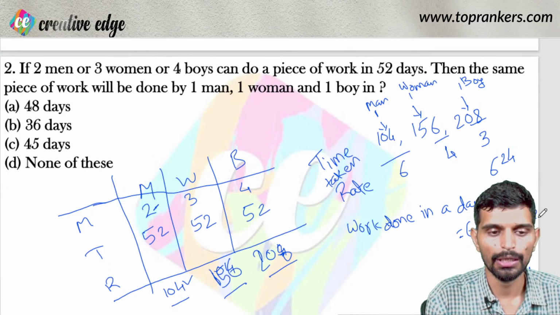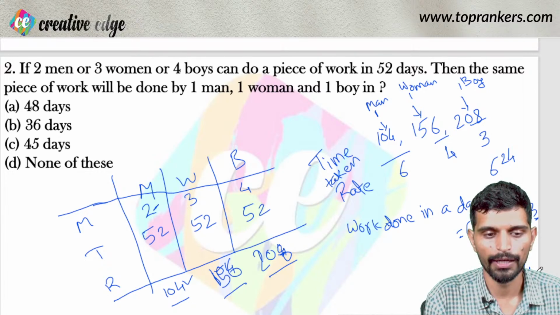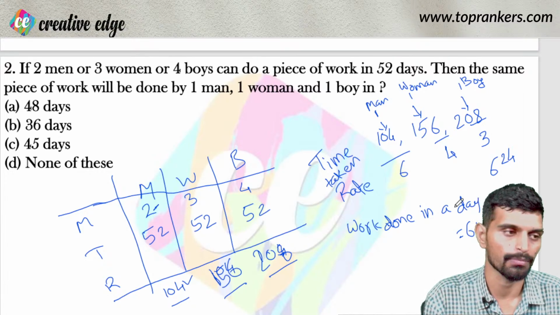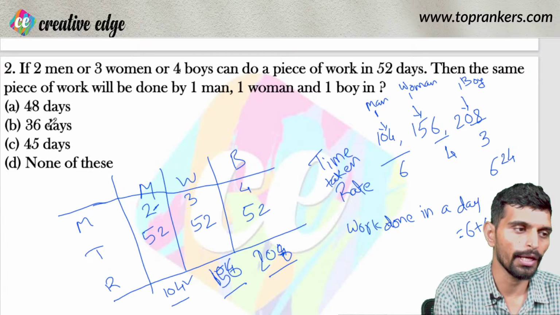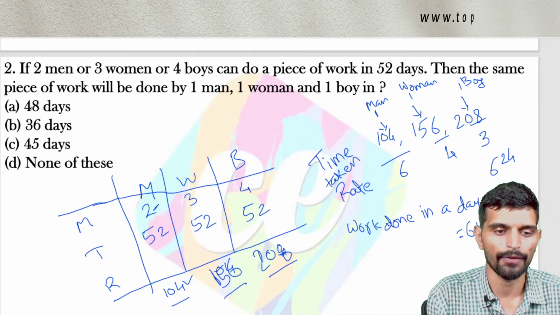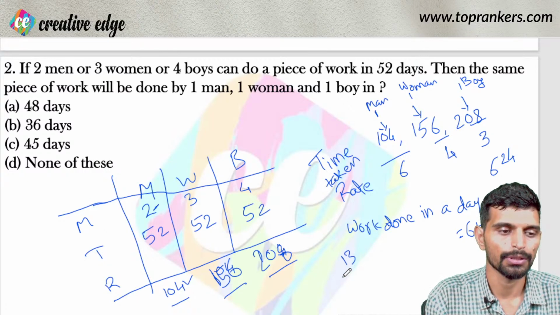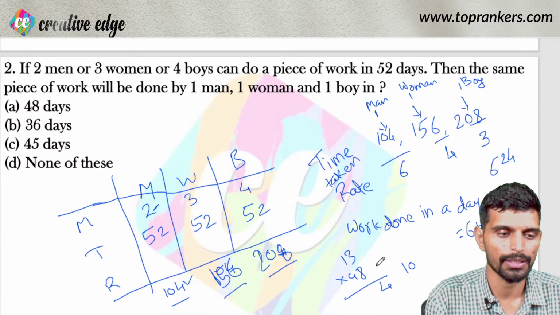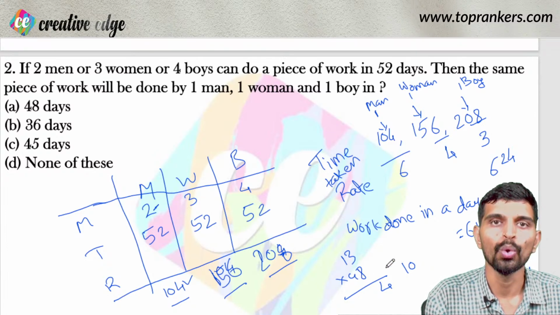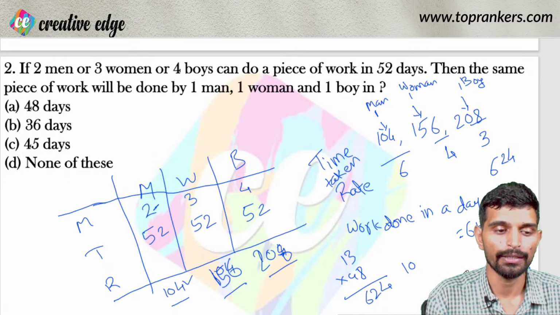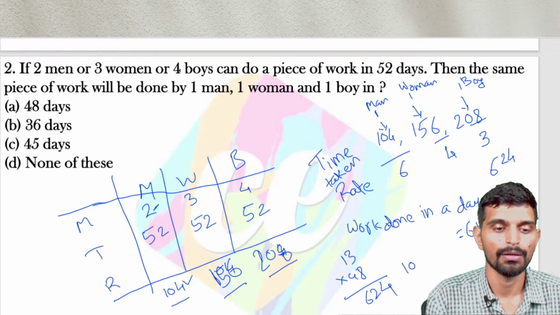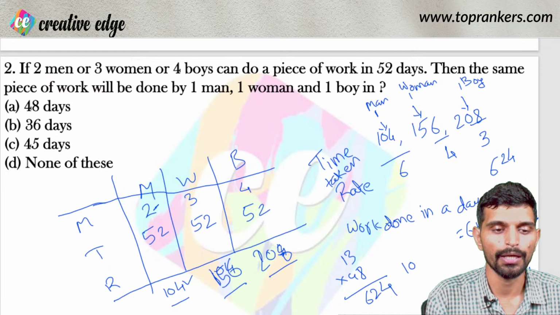So 13, in 13's table you will find 4 at the end, so with 8 you have either 48 or none of these. So let's try with 48 directly. 13 into 48: 13 8s are 104, carry over is 10, 13 4s are 52, 52 plus 10 is 62. So that makes the multiplier 48.